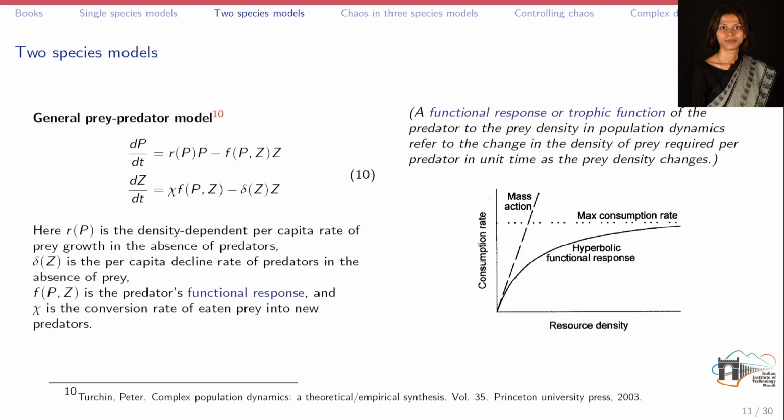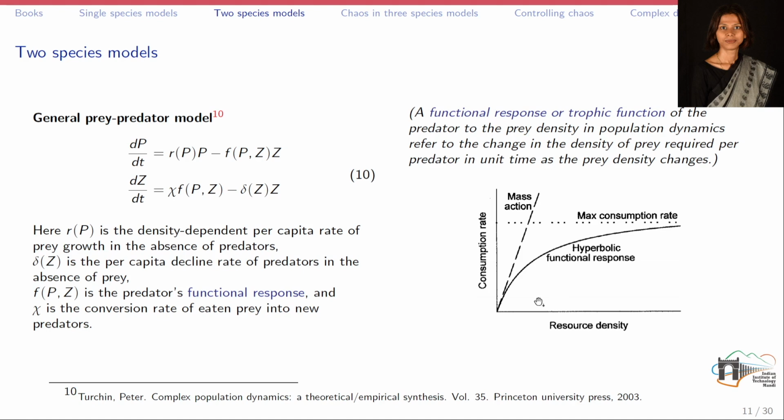What do we understand by a functional response? A functional response is also known as the trophic function of the predator. It is the predator to prey density ratio in population dynamics, and it refers to the change in the density of prey required per predator in unit time as the prey density changes.